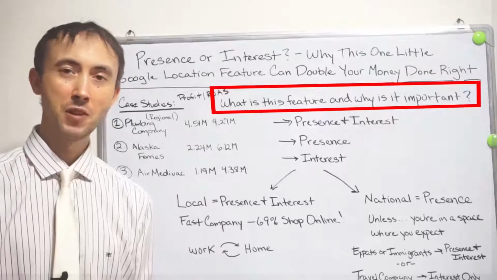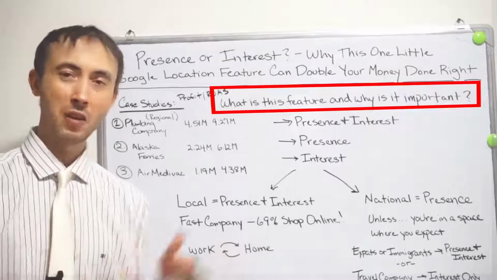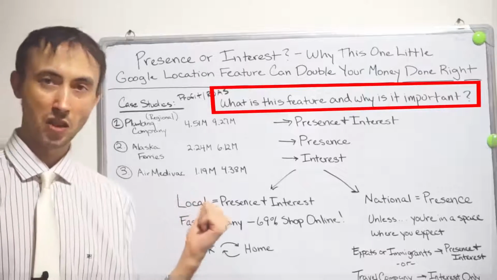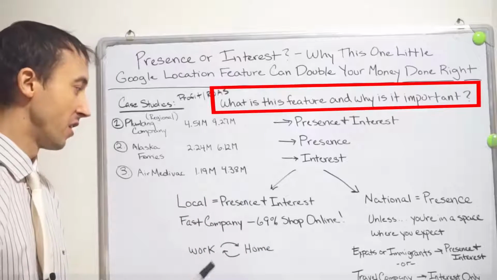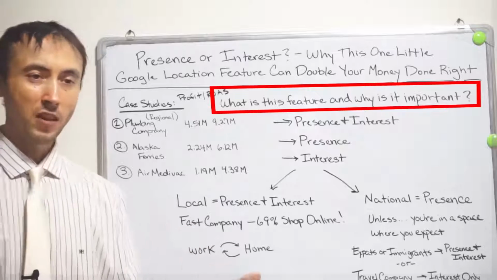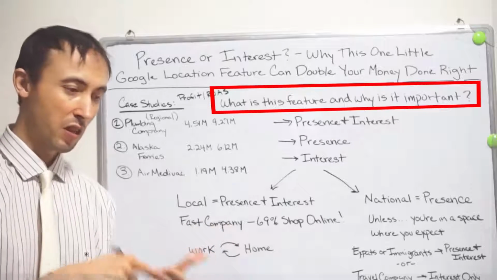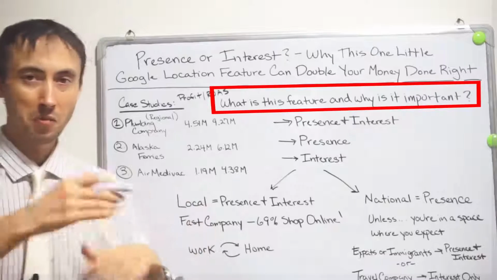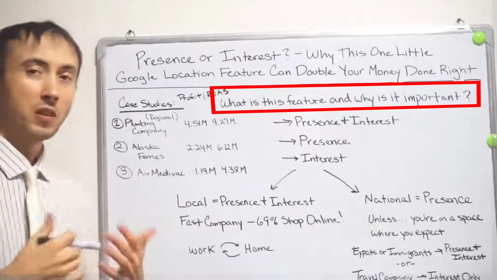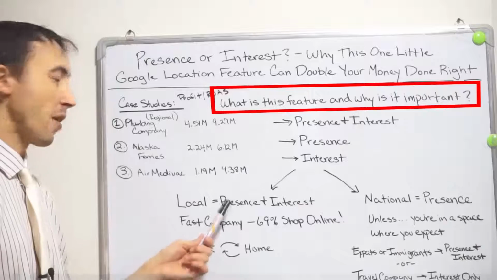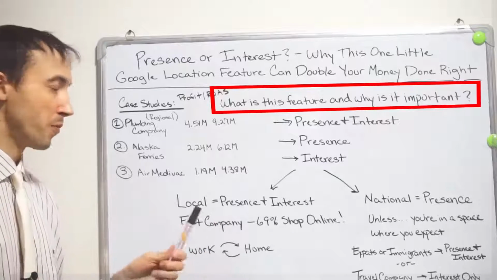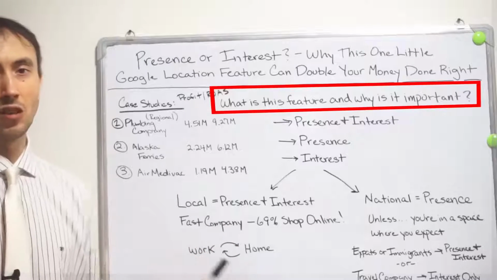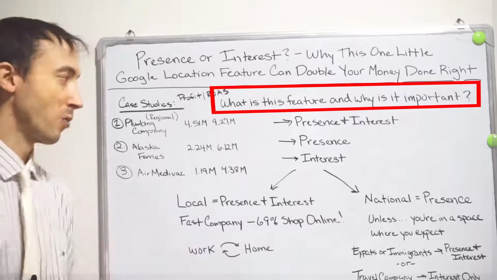I didn't realize that when I saw this step, but that explains a lot if you can't do it on the company computer because it's monitored. With cross-device tracking, if somebody searches on their mobile device at work and then goes home and finishes their purchase, that's going to show up in your conversion stats. That's by default now. So just about everybody, presence and interest, you're going to make out the best that way.